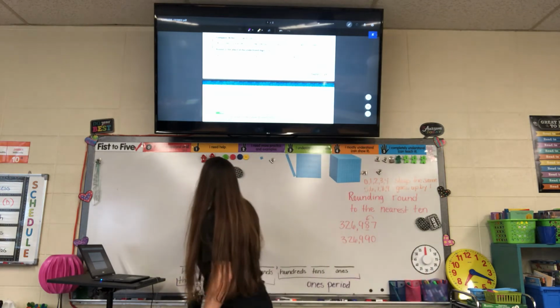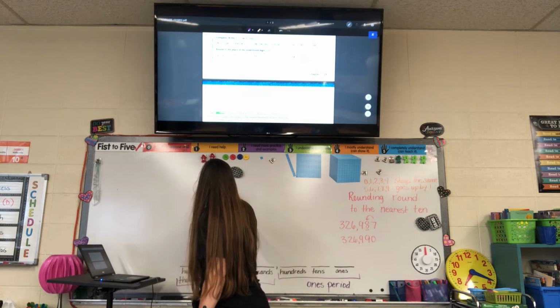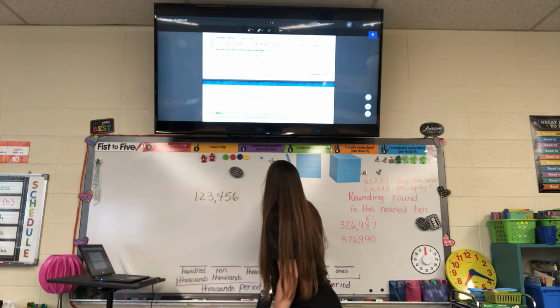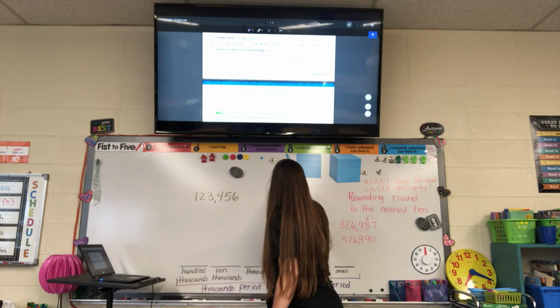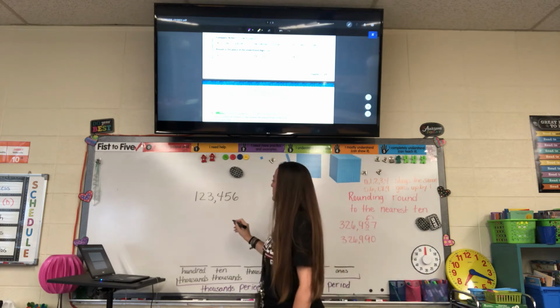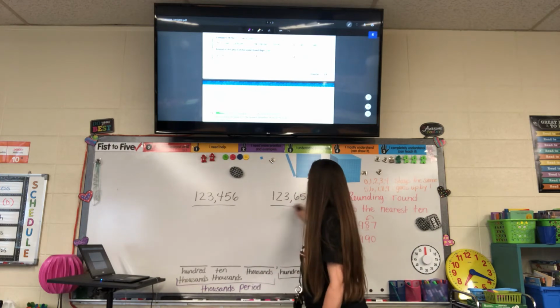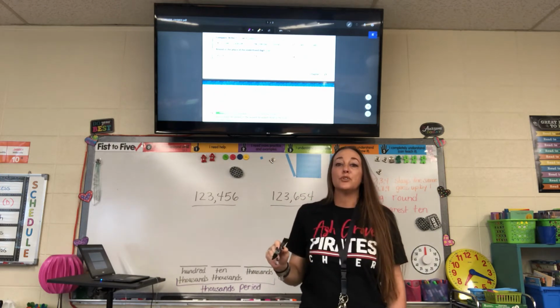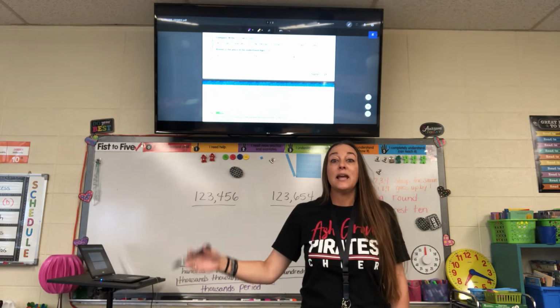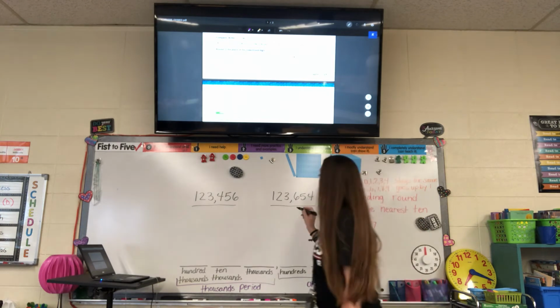So let's do 1, 2, 3, 4, 5, 6, and 1, 2, 3, 6, 5, 4. You start by making sure first that they have the same number of digits. Both of these are 6-digit numbers. So then you start with the biggest and start making your way down to see which is the bigger digit.